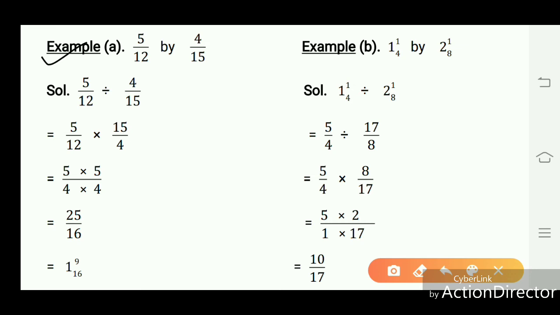Example A, 5 upon 12 divided by 4 upon 15. First we take the reciprocal of the second fraction, which means 4 upon 15 changes into 15 upon 4, because the numerator 4 changes into the denominator and the denominator changes into the numerator, and 5 upon 12 we write as it is.